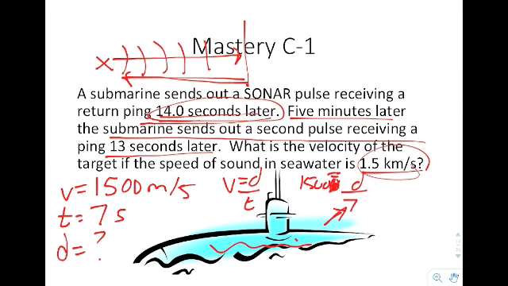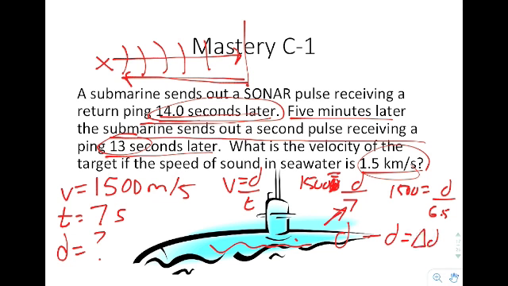But if we're trying to figure out how fast the submarine is going, we also need to figure out the second distance. So we have 13 seconds later. So I need to do the exact same calculation, 1500 equals d over, but instead of it being 7 seconds, it's going to be 6.5. When you take these two distances and you subtract them, that represents how far the submarine has traveled.